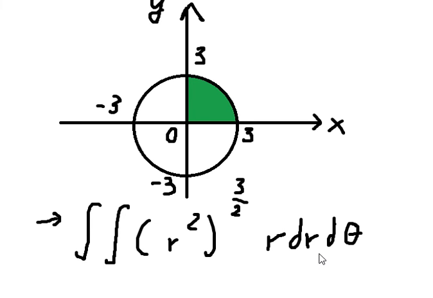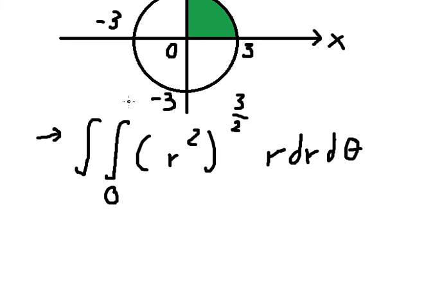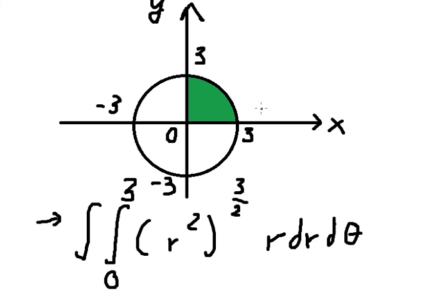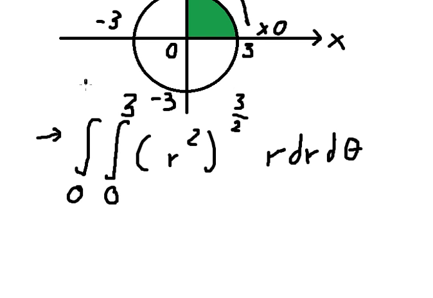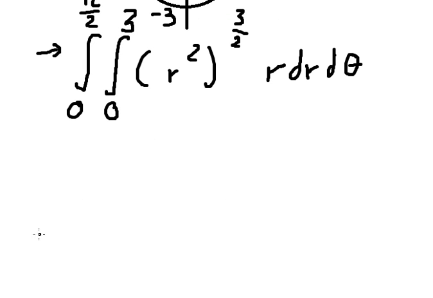This one we have r, so we have from 0 to number 3. That is the radius of the circle. For d theta, we can see that we start at number 0 and we stop at pi over 2. This one we simplify and we have it like this.